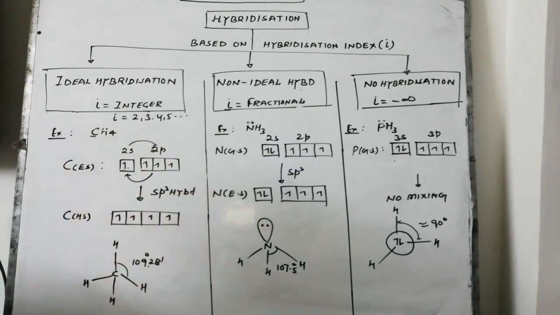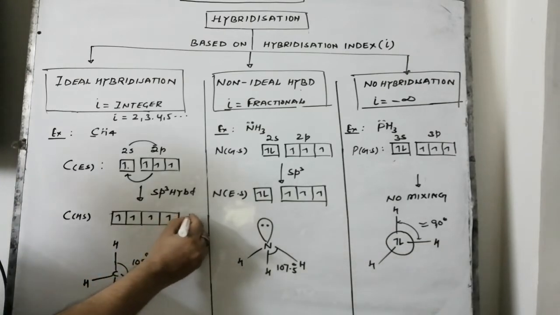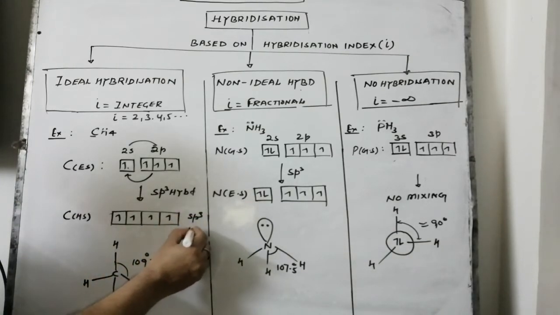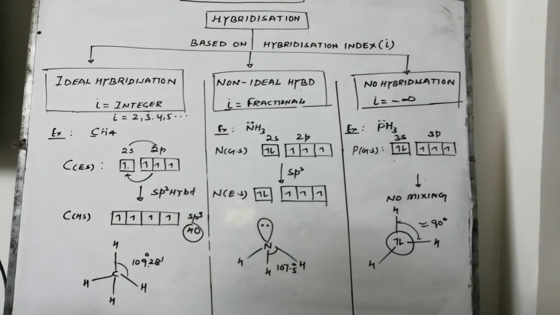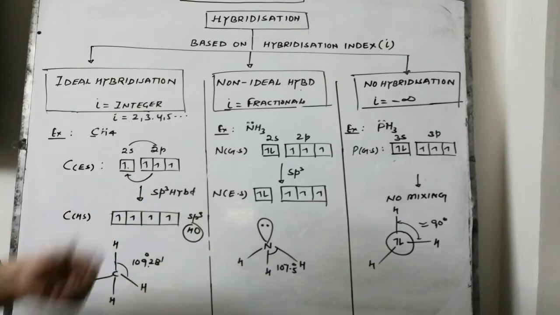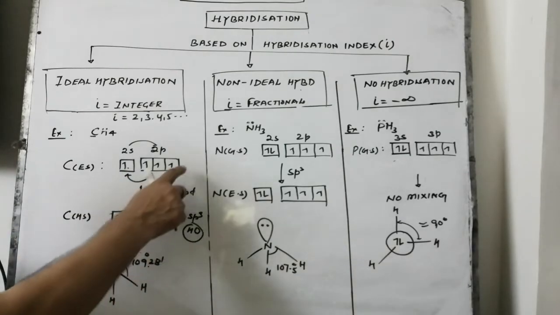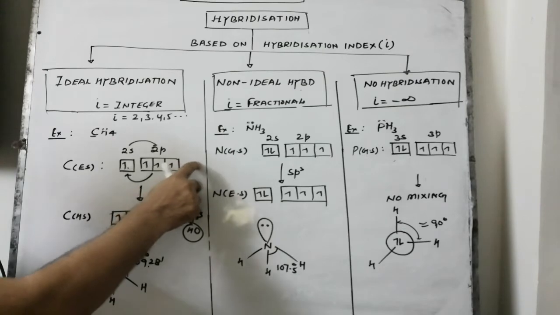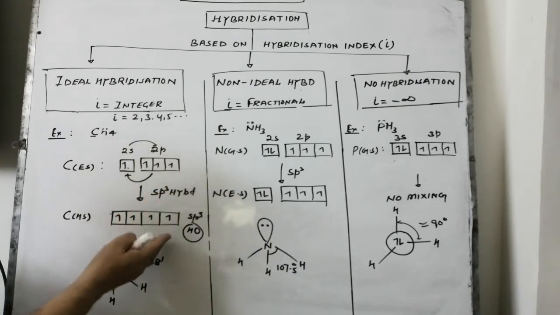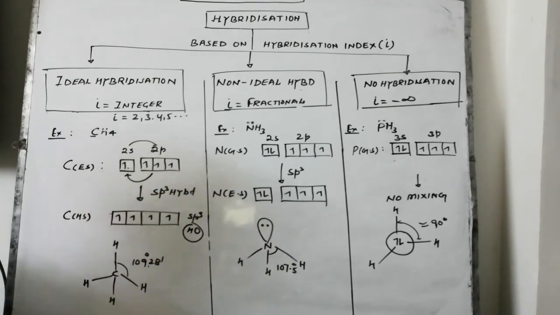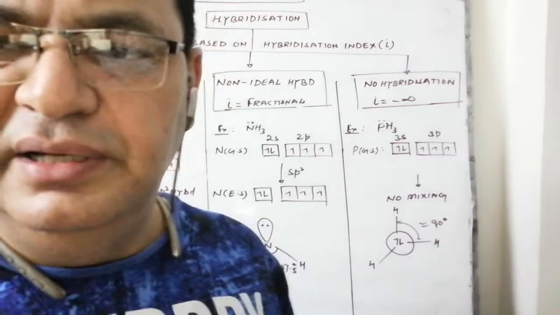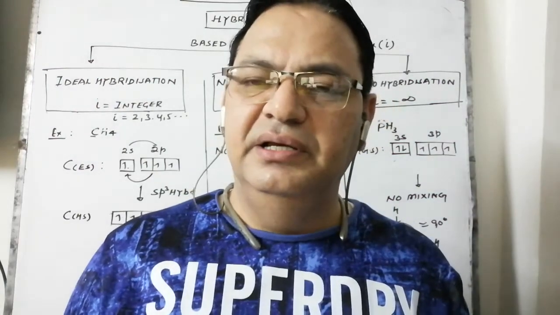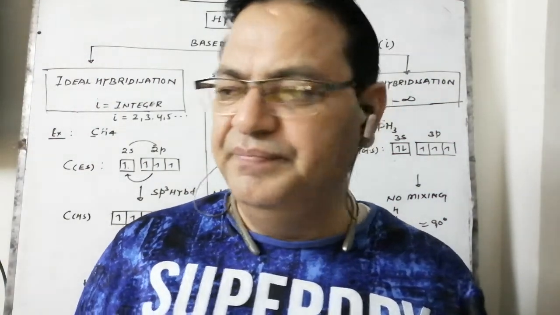Last time I explained that after the mixing, the resulting sp3 hybrid orbitals are lowered in energy. They come down from the p energy level. They slightly go above the energy level of the s orbitals, but ultimately these resulting hybrid orbitals achieve the directional property which makes a very strong bond.